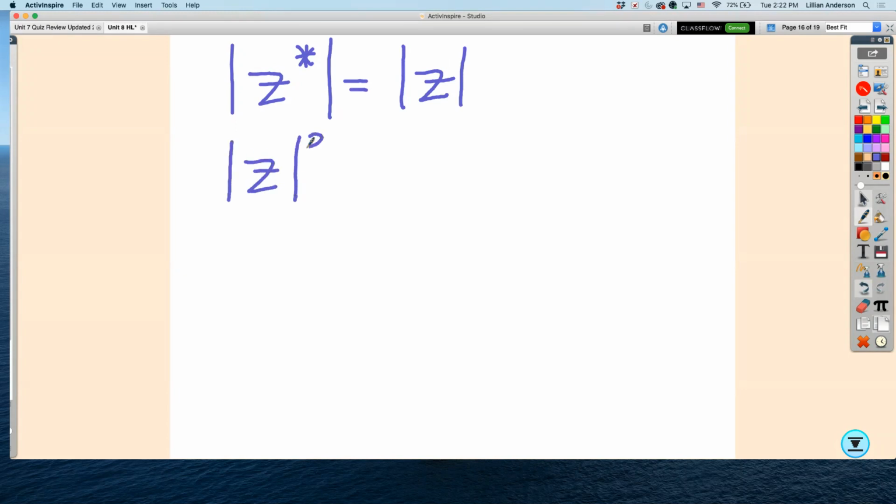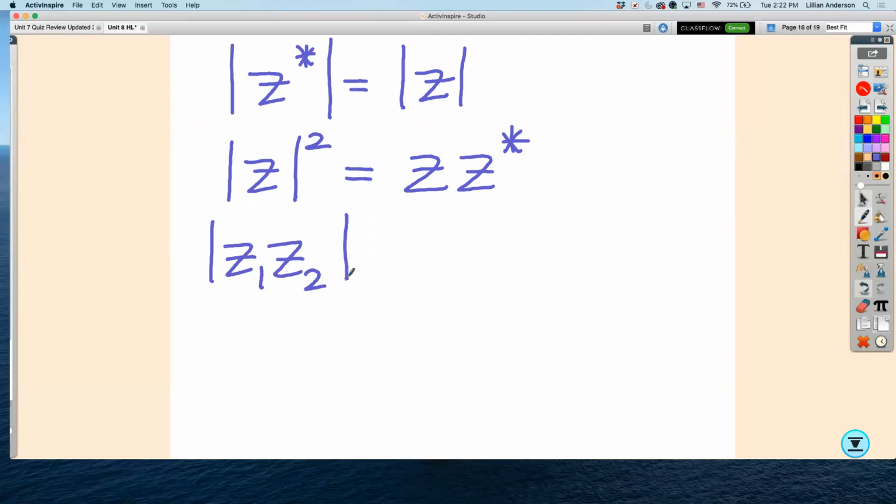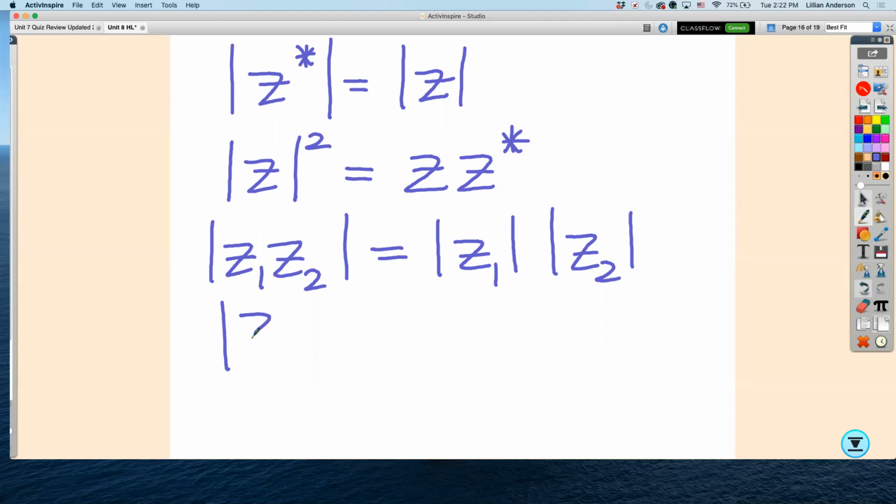When you square your modulus, that's essentially taking your complex number and its conjugate and multiplying them together. You have two complex numbers, and you're asked to find the modulus, aka magnitude squared, a squared plus b squared. It's the same thing as saying the modulus of your first complex number times the modulus of your second complex number. Same applies with division.